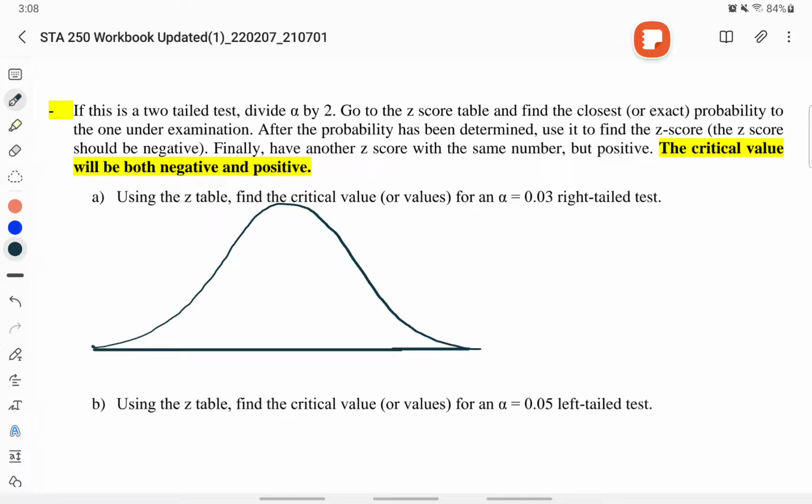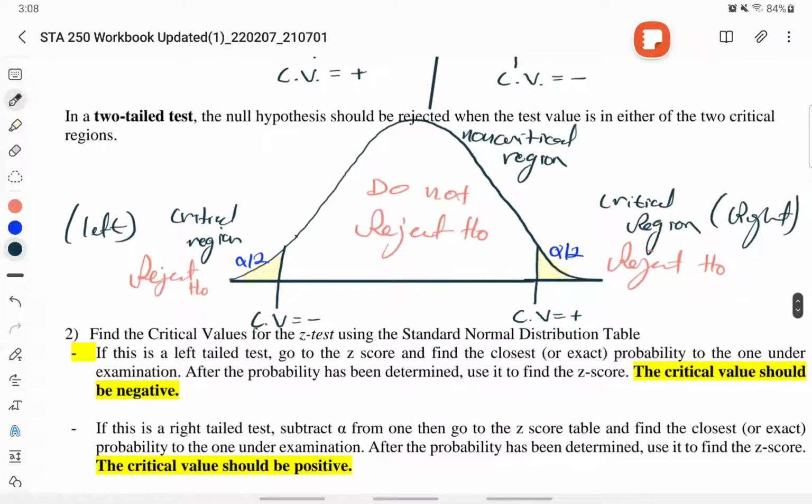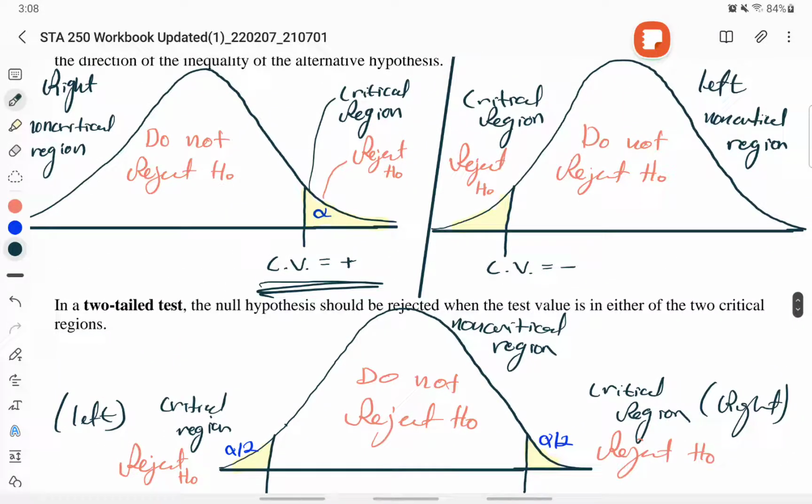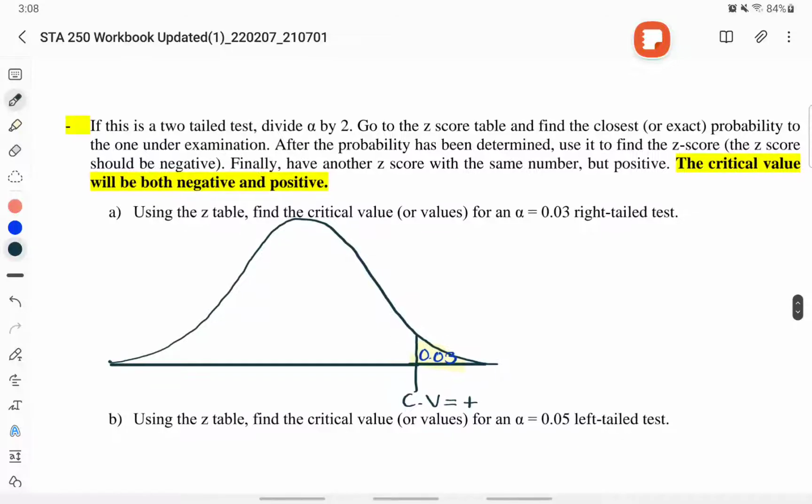So let's put the right tail right here, and alpha is 0.03. We want to find the critical value. Because it is a right tail test, the critical value is positive, as stated up here.